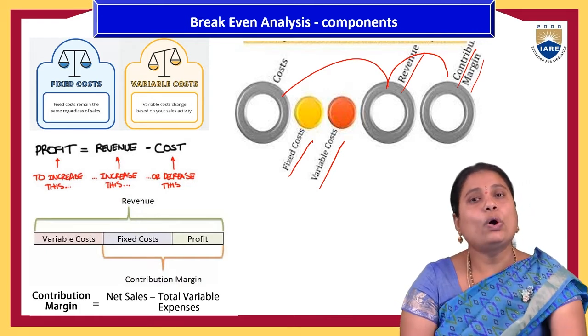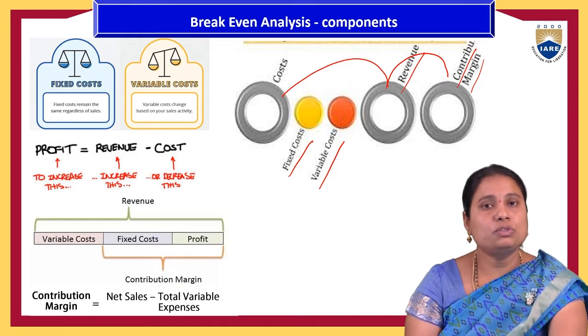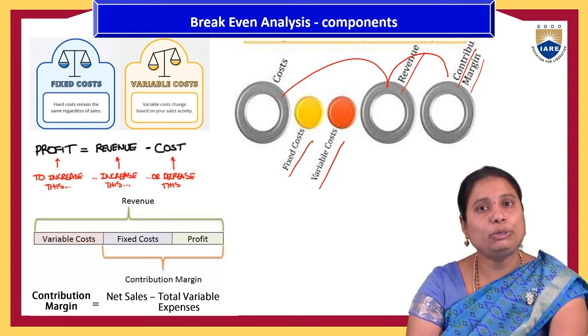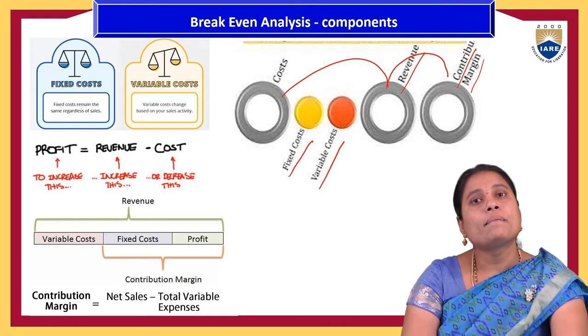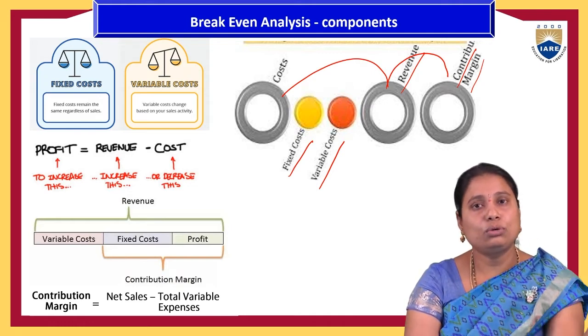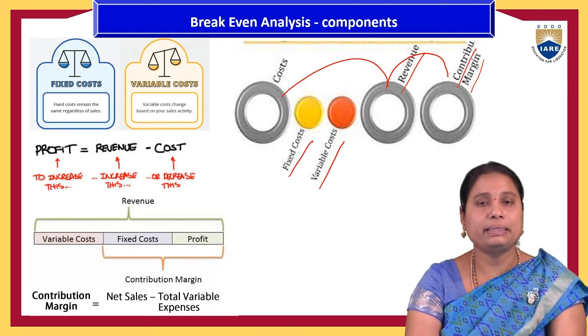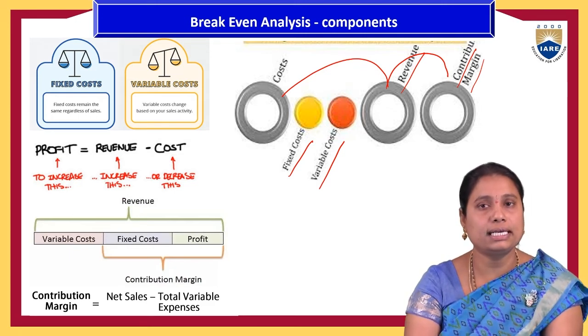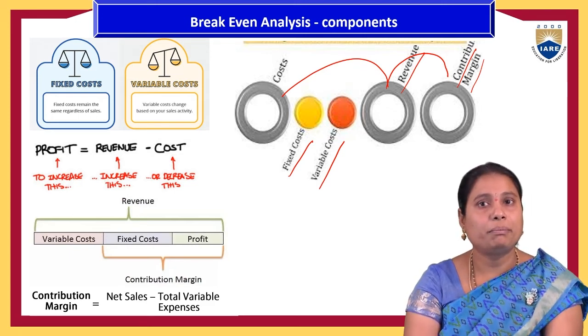Then the contribution margin. This is a very important concept we need to understand: the contribution of one unit to the total income gained by the organization is called the contribution margin.